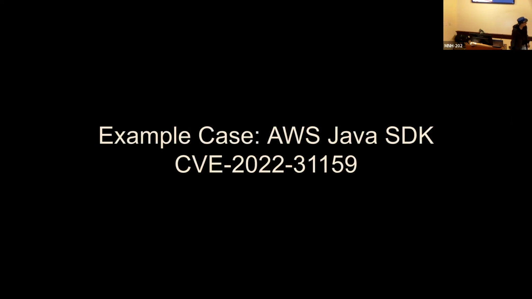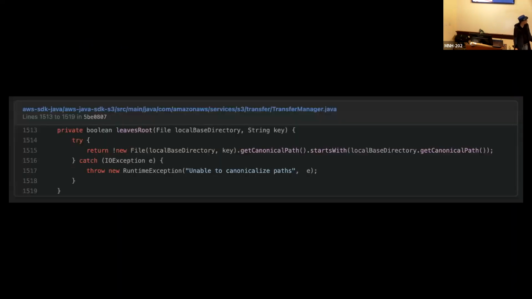As with any good story, this has an example case, with some vulnerability disclosure drama. I found this vulnerability in the AWS Java SDK. You can use it to download the entire contents of an AWS bucket onto your local system.